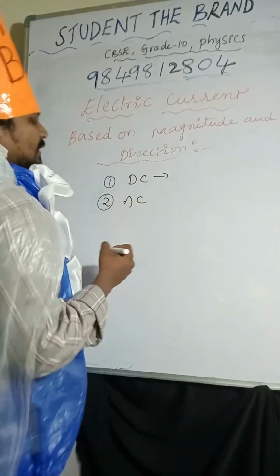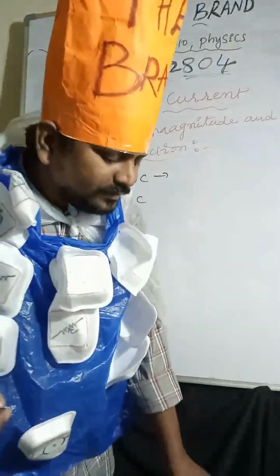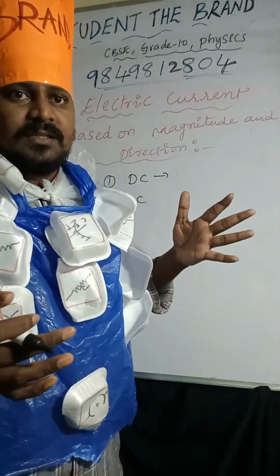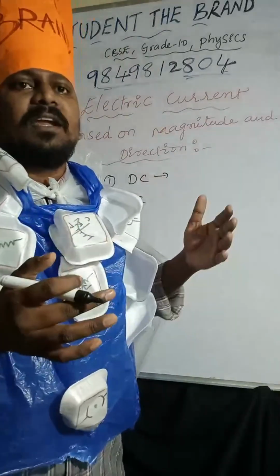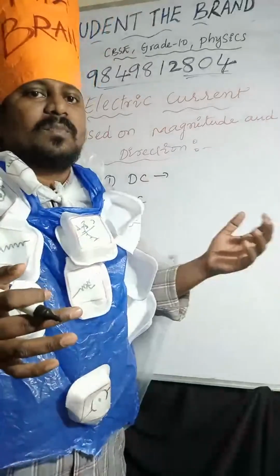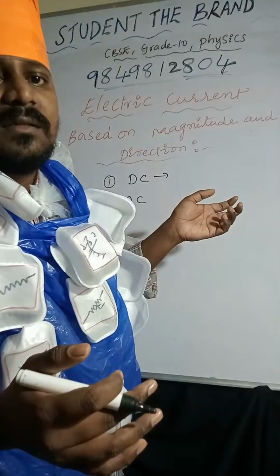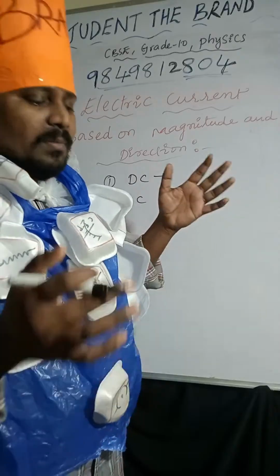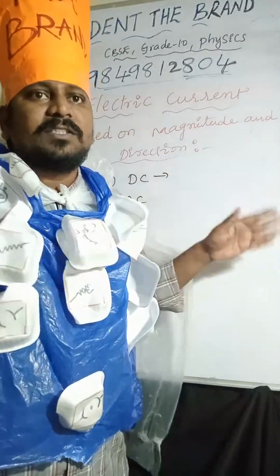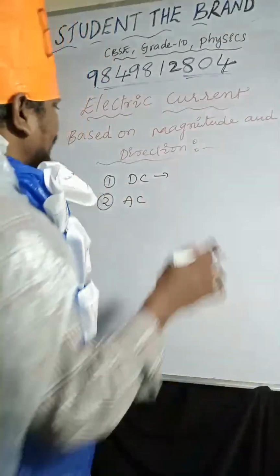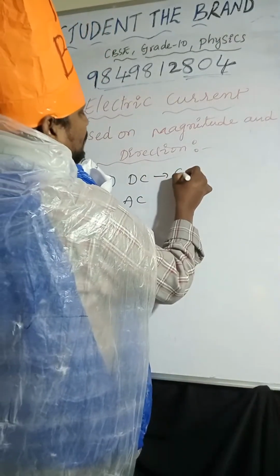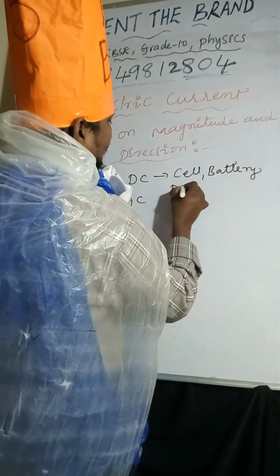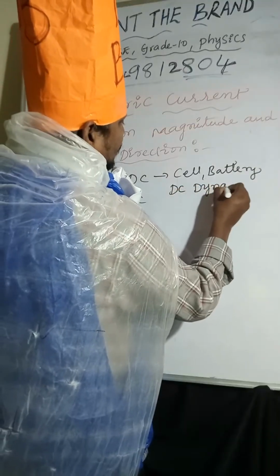So direct current is nothing but direct current, so the magnitude and direction of current does not change. It is constant. Magnitude and direction will not change. Example, cell, battery and DC dynamo.